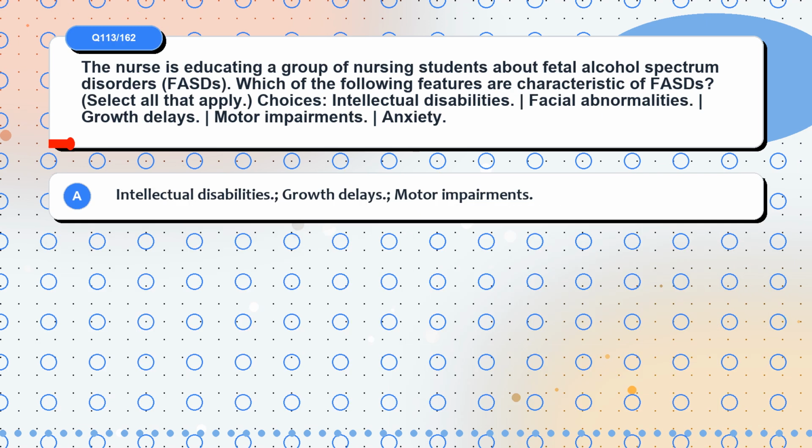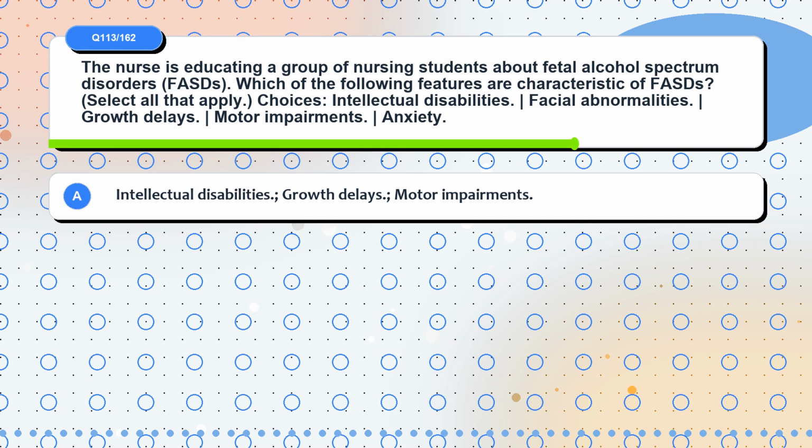Question 113. The nurse is educating a group of nursing students about fetal alcohol spectrum disorders, FASD. Which of the following features are characteristic of FASD? Select all that apply. Choices: intellectual disabilities, facial abnormalities, growth delays, motor impairments, anxiety.